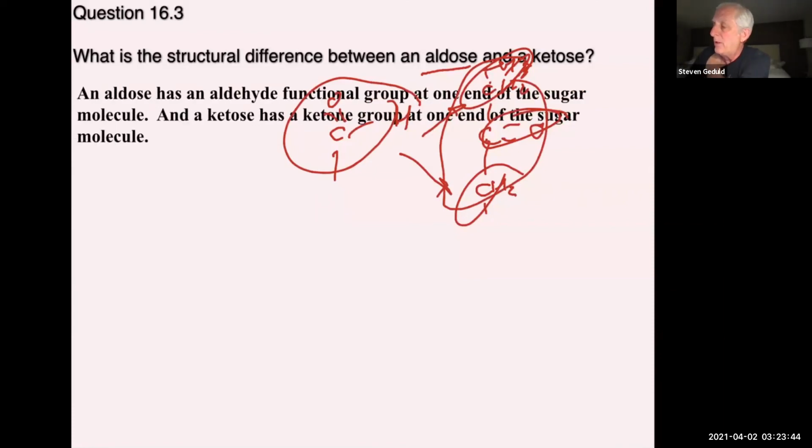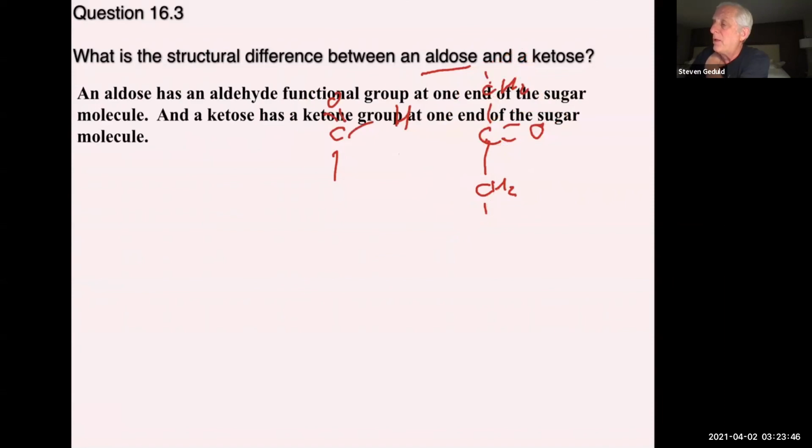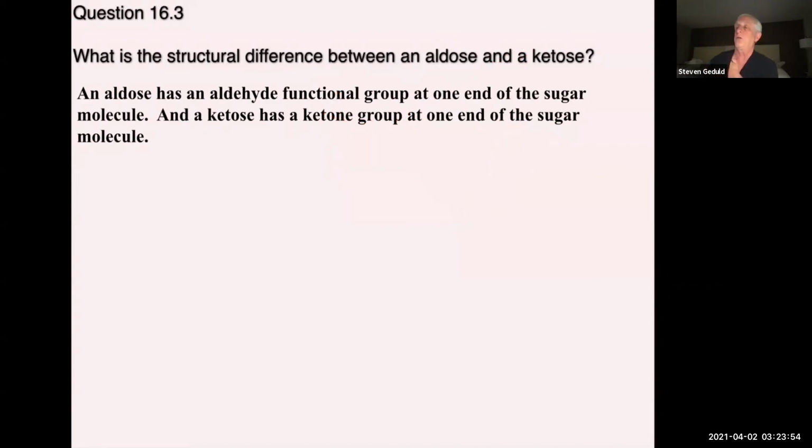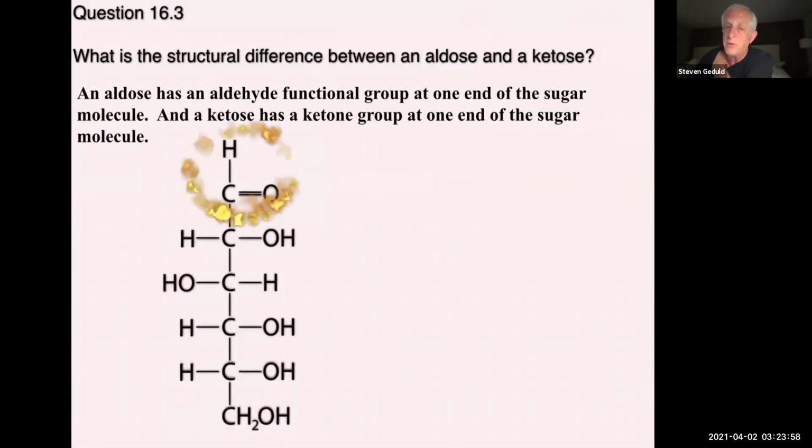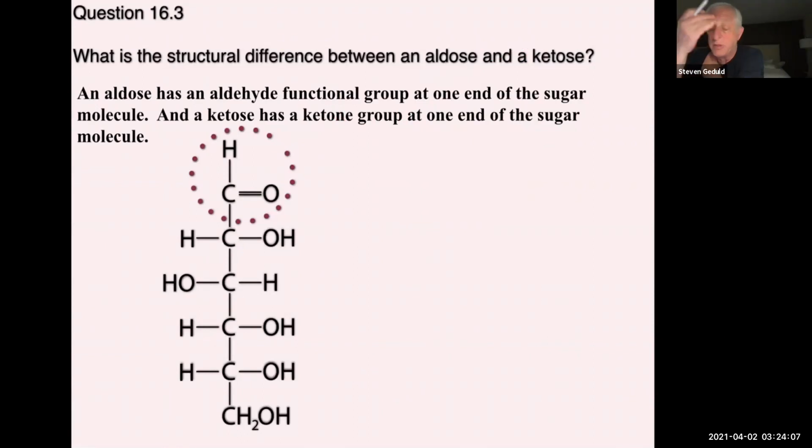Okay. So an aldose has an aldehyde functional group at one end of the sugar molecule, and a ketose has a ketone group at the other end of the sugar molecule. So there's your aldehyde group right there, and it's 1, 2, 3, 4, 5, 6 carbons. So it's a hexose, so it's an aldohexose.